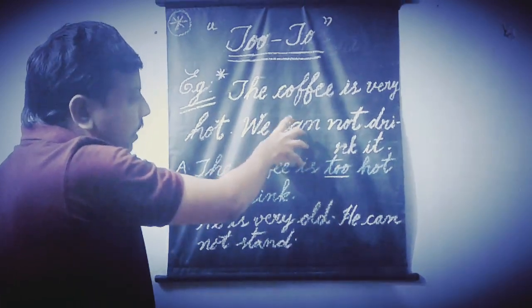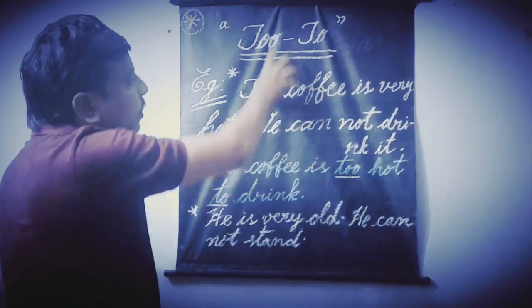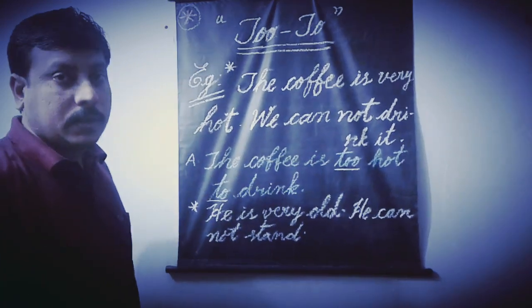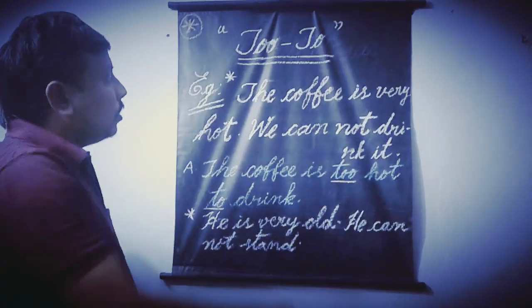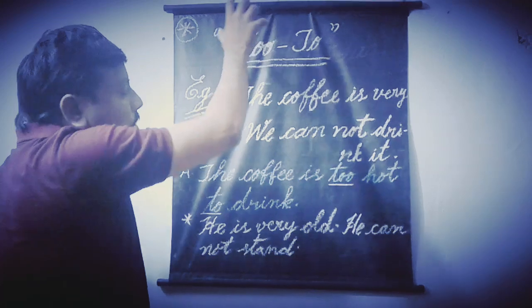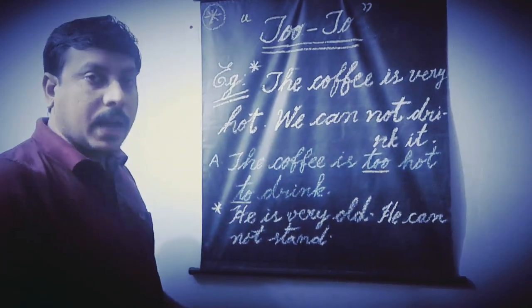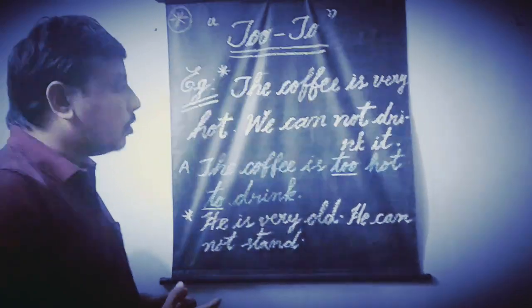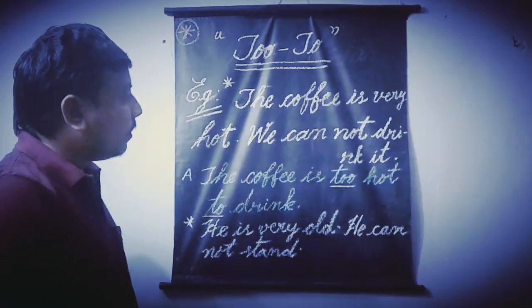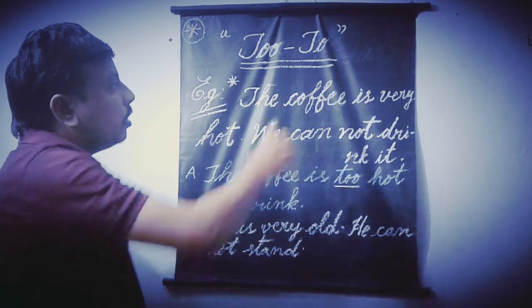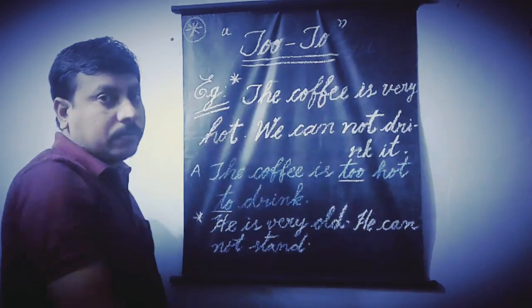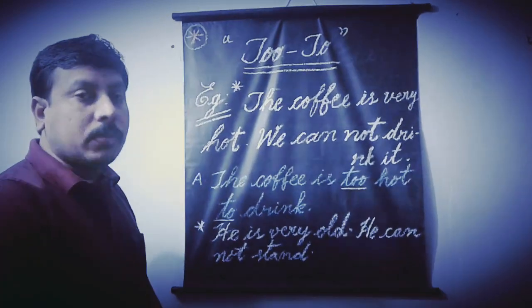Those two statements are to be combined by using "too". Generally, "too" comes before an adjective or an adverb. This is the point that we have to remember. Later we should use the infinitive form, such as the fifth form of the verb.